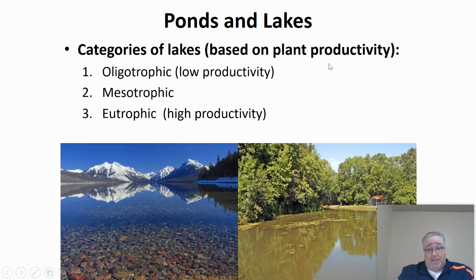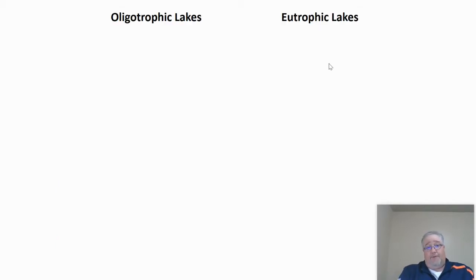The more plants there are, the more productive the ecosystem is, or the more productive the lake is. Fewer plants means less productivity. So oligotrophic and eutrophic are the two extremes, and then mesotrophic is a hybrid of the two.